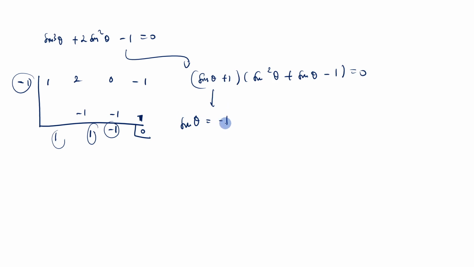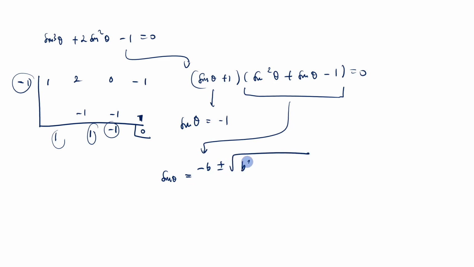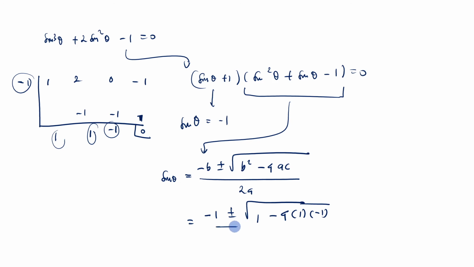This is the value of 270 degrees, and this term we can solve by the quadratic formula, where sin theta equals minus b plus or minus the square root of b squared minus 4ac, divided by 2a, and we can substitute b with minus 1, plus or minus, this is 1, a is 1, and c is minus 1, and 2 times 1, and we get minus 1 plus or minus the square root of 5 divided by 2.